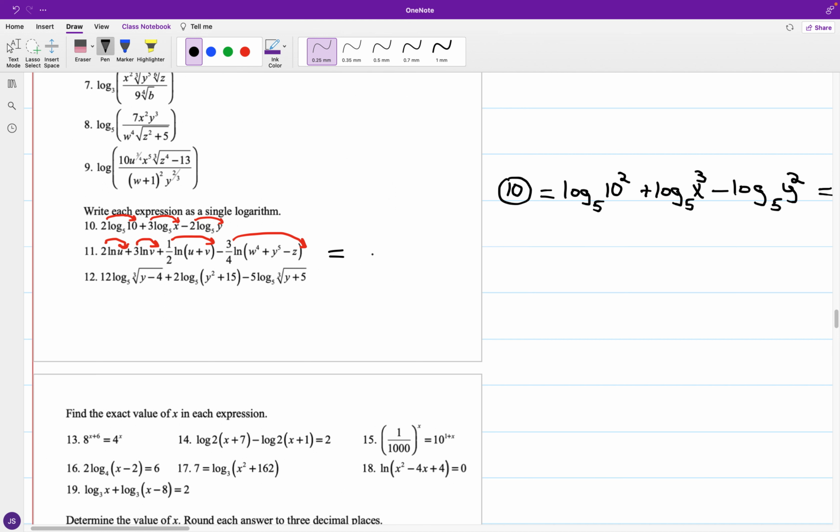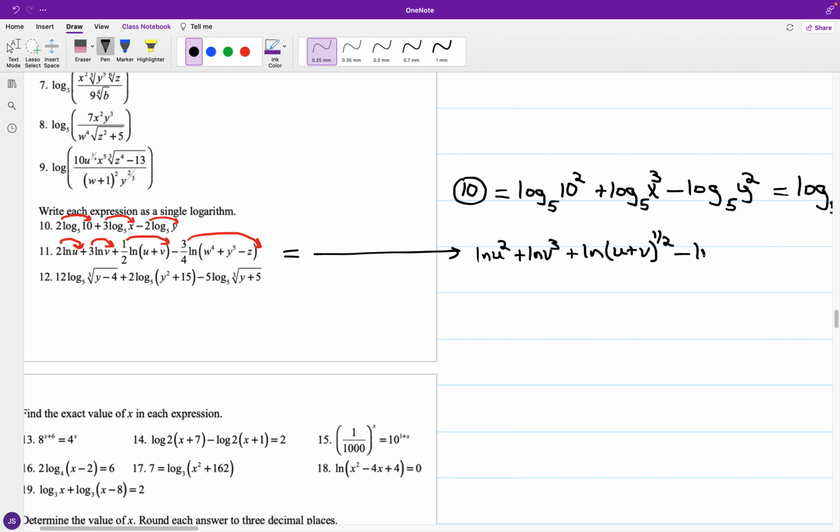So in the case of 11, we have the natural logarithm of u squared plus the natural logarithm of v to the third plus the natural logarithm of the quantity of u plus v to the 1/2 minus the natural logarithm of w to the 4th plus y to the 5th minus z to the 3/4 degree.